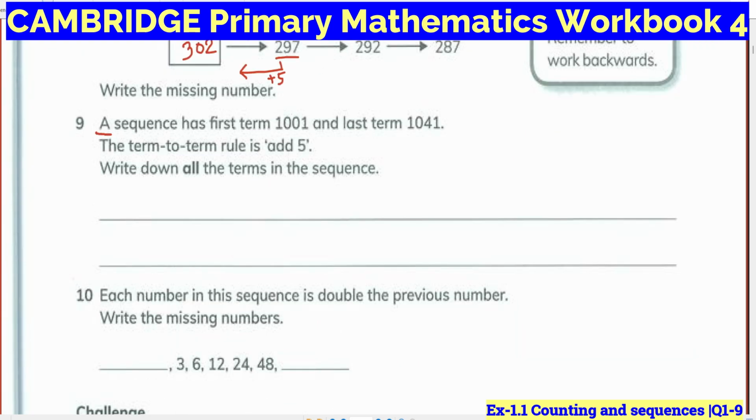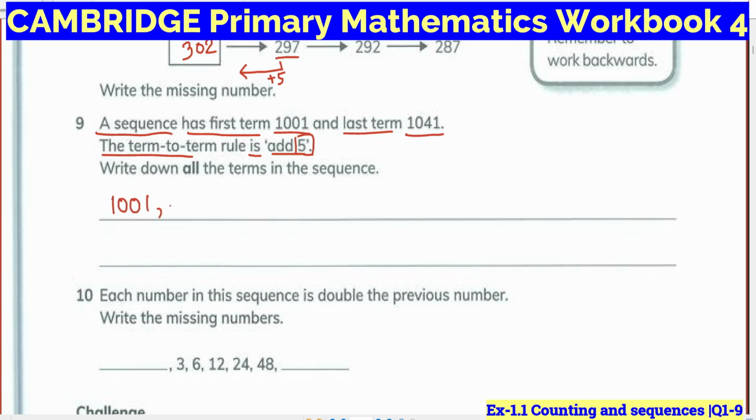Question 9. A sequence has first term 1001 and last term 1041. The term to term rule is add 5, right? Write down all the terms in the sequence. So we are starting 1001.